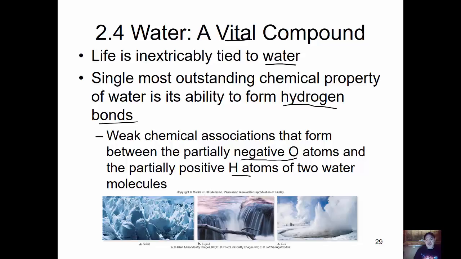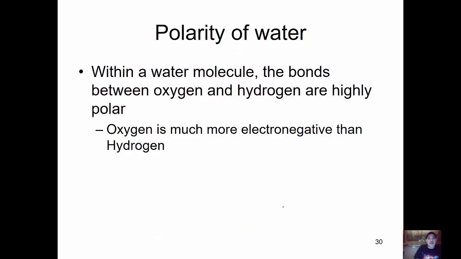We see here there's frozen water, liquid water, and gas water, or water vapor. So let's continue. The polarity of water. With a water molecule, the bonds between oxygen and hydrogen are highly polar.